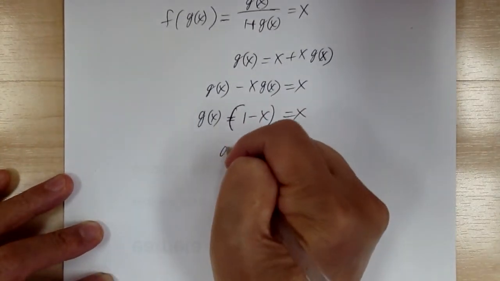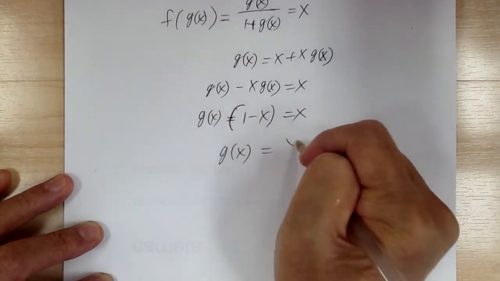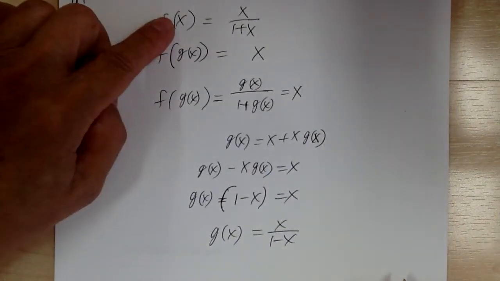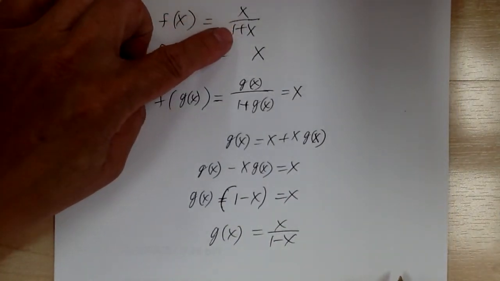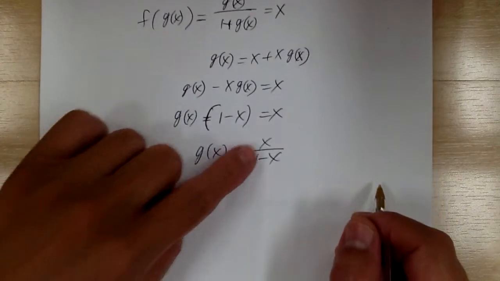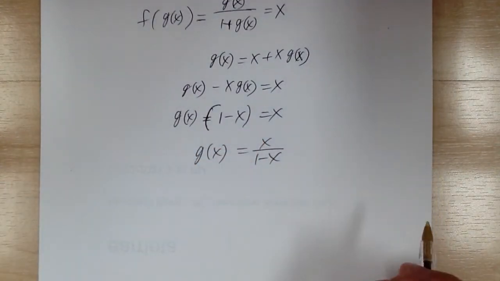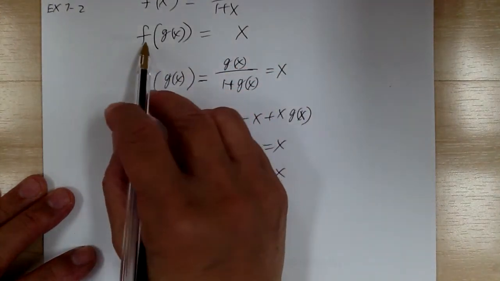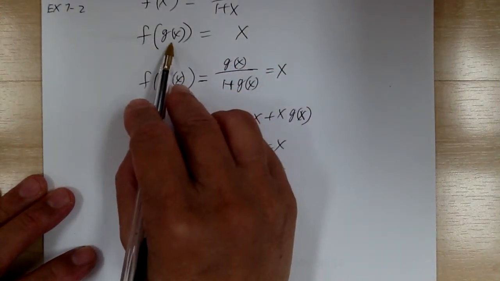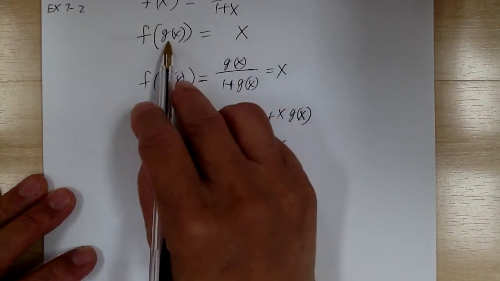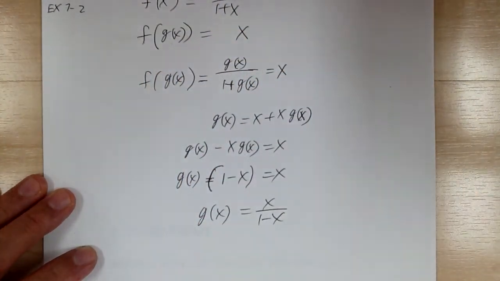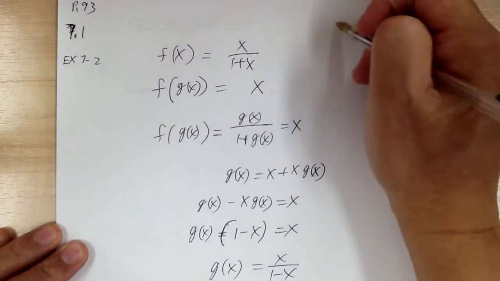And you divide, so g of x equal to x over 1 minus x. Okay, so if f of x equals x over 1 plus x, the inverse would be x over 1 minus x. So again, the way to find the inverse function is you have the function of the inverse function equal to x. Then you substitute this into here to get this equation, and you can solve. So that's one way of doing it.